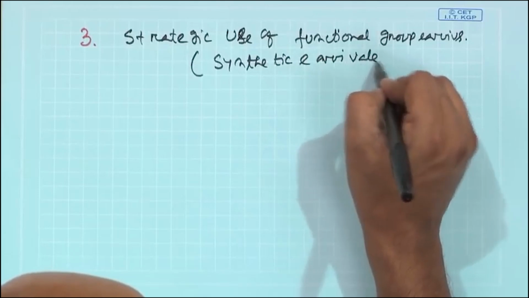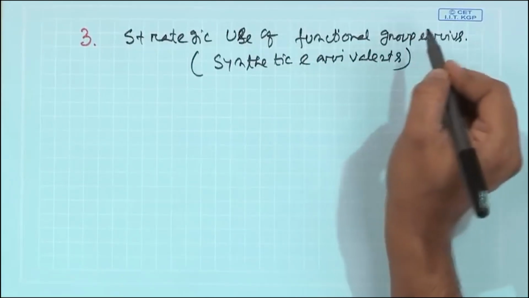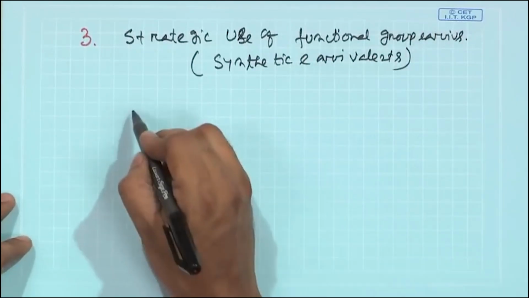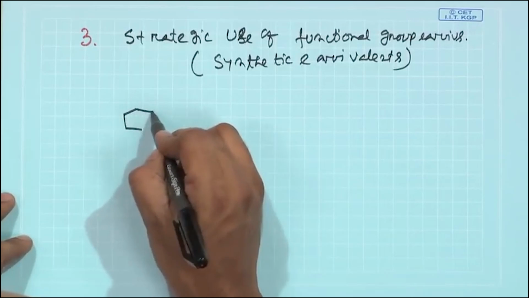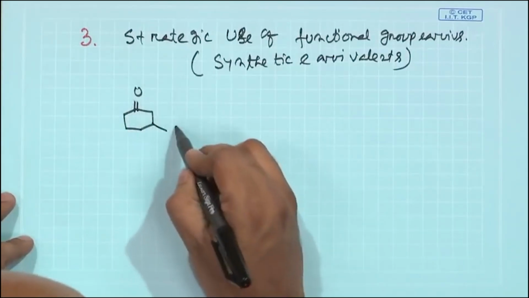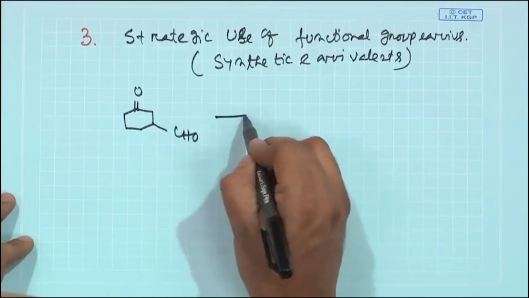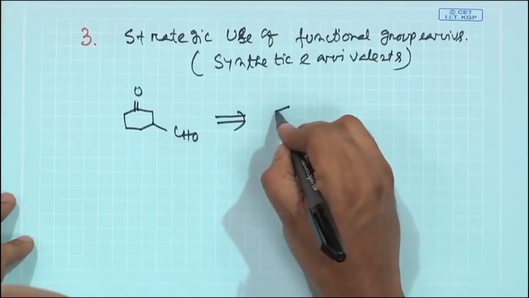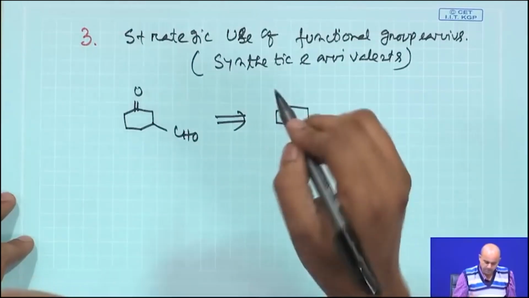We will explain what these synthetic equivalents are. We will try to give you a simple target, and actually if you recollect the earlier lectures, we have already discussed this strategy by several reactions.